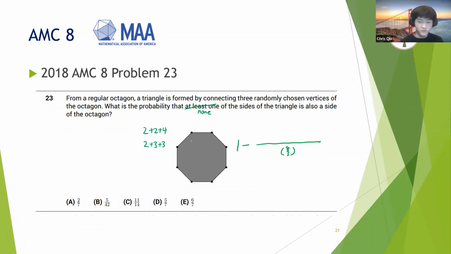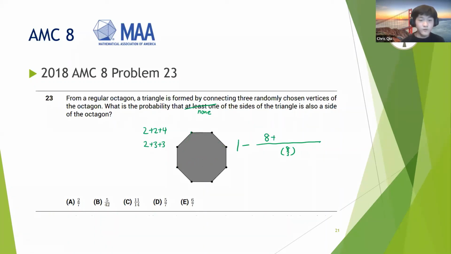So what 2 plus 2 plus 4 means is we're cutting off 2 edges on this side, 2 edges on this side, and then 4 on this side. So we're going to have a triangle that looks like this. And there are 8 possible triangles that look like this by just rotating this triangle around the octagon. So that gives us 8 possibilities for our first case.